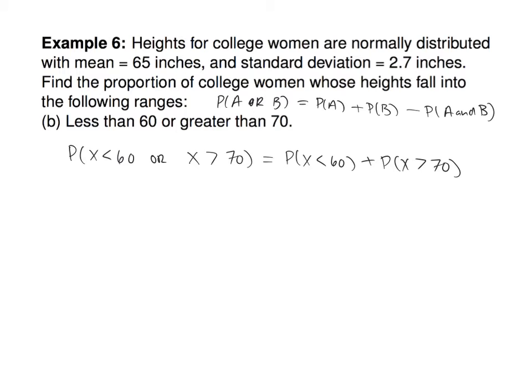But if you look at part A, wouldn't it just be 1 minus that? Part A was that you were between 60 and 70, right? Like in the middle. What is this one finding?